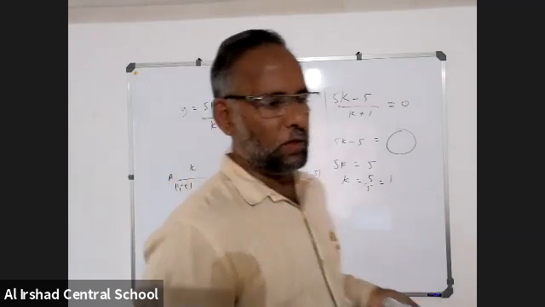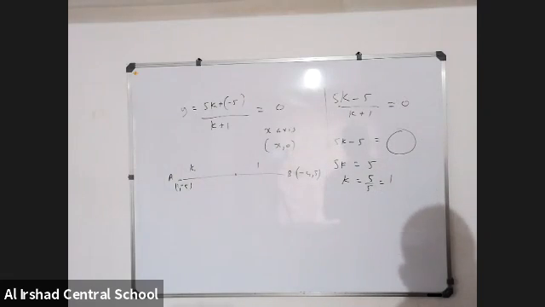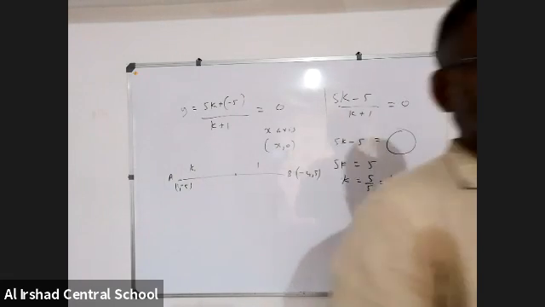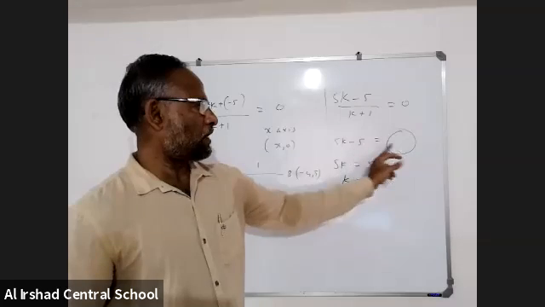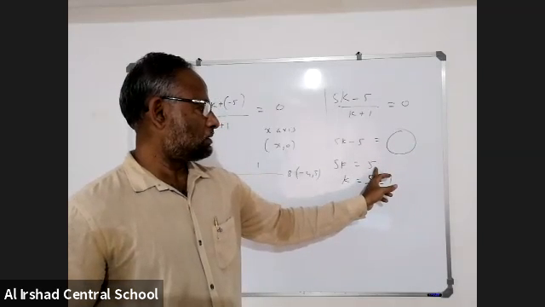So what is the ratio? K is equal to 1. 5K is equal to 5. Minus 5 plus 0 means 5. 5 by 5 is 1. 1 is to 1.